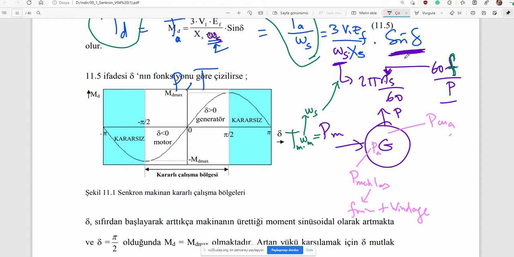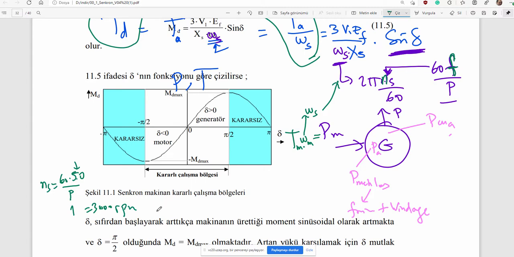For example, if you calculate ns under, let's say, Turkish frequency 50, and pole pair number, let's say it is 1 here, 60 times 50 over 1 makes 3000 RPM.